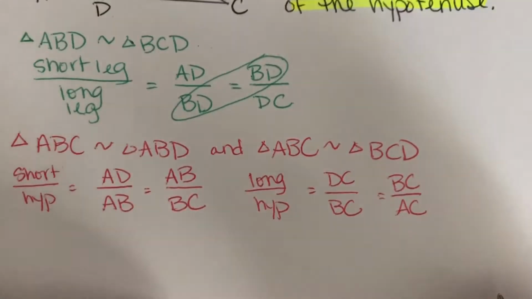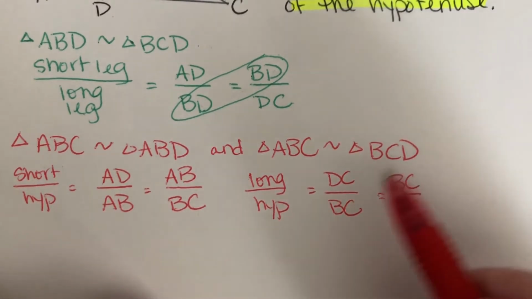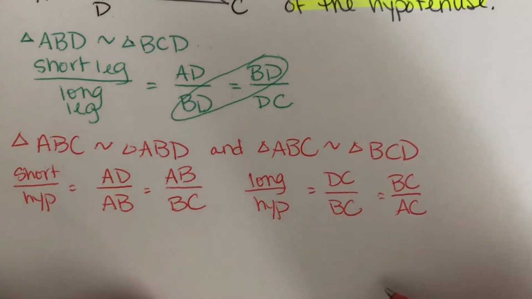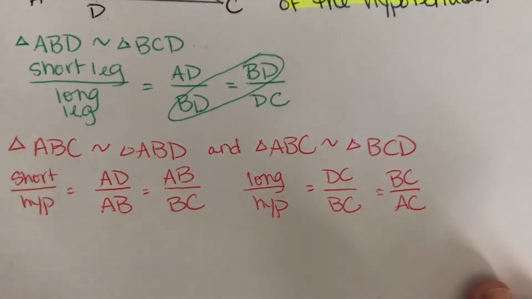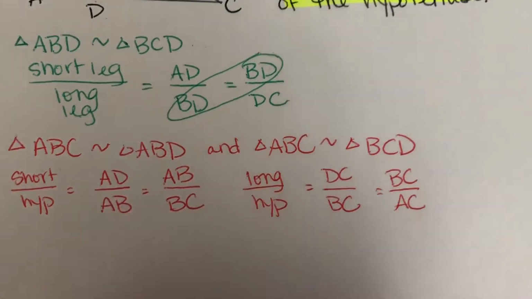And if you notice, once again, we have a geometric mean proportion because we have the same thing on top and on bottom of our two fractions that are set equal to each other. Okay, so I know that's confusing. You can't memorize what goes where. That's not important.